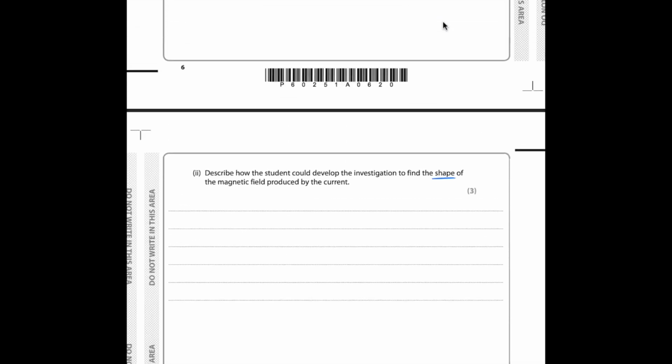Part 2. Describe how the student could develop the investigation to find the shape of the magnetic field produced by the current. The shape. Right. 3 marks.